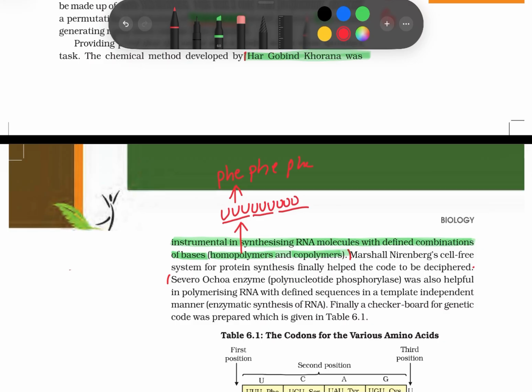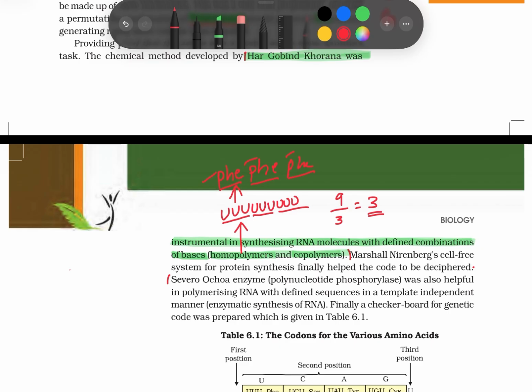One UUU coding for phenylalanine, another one is coding for another phenylalanine, and again one more phenylalanine. 9 nucleotides by 3 phenylalanine molecules, 9 by 3 is equal to 3. So code is a triplet.